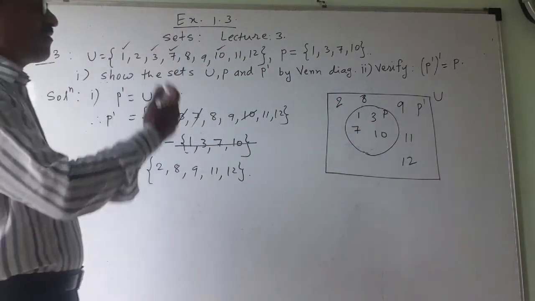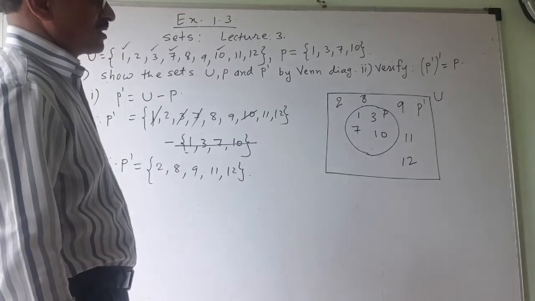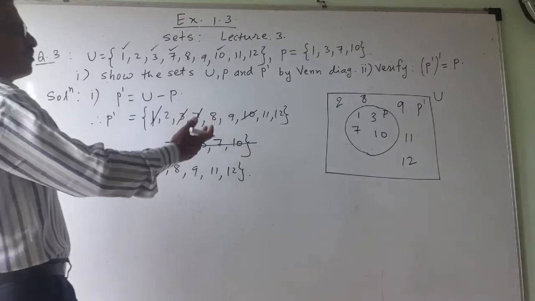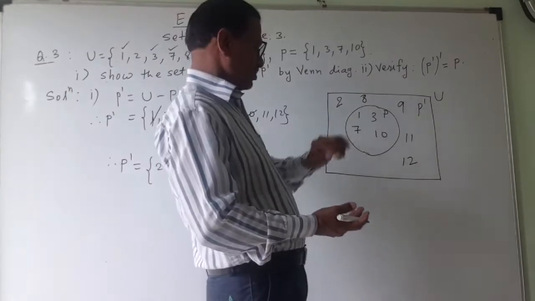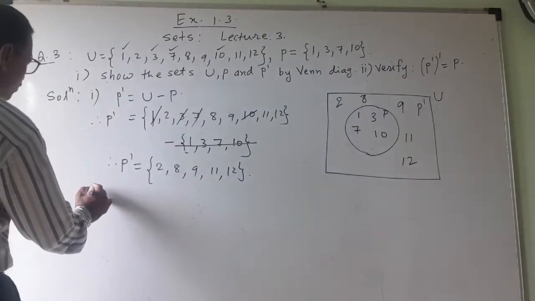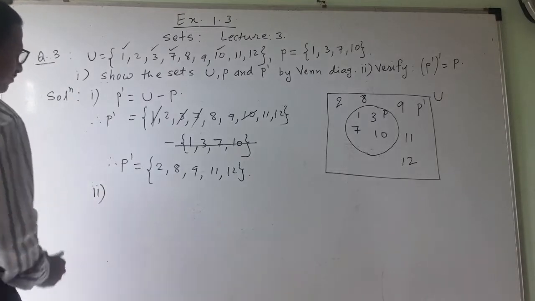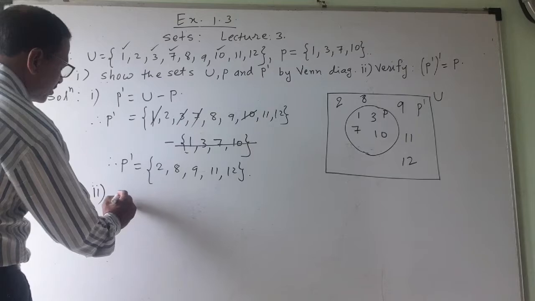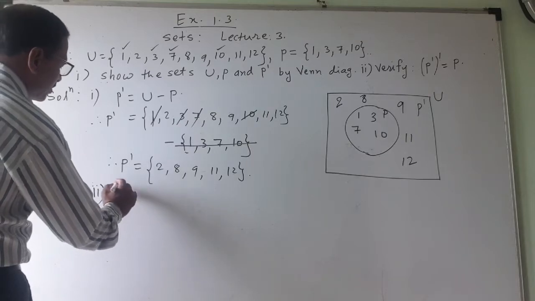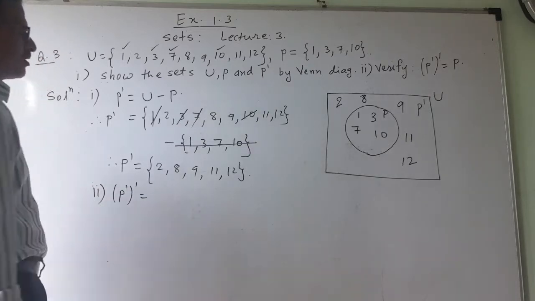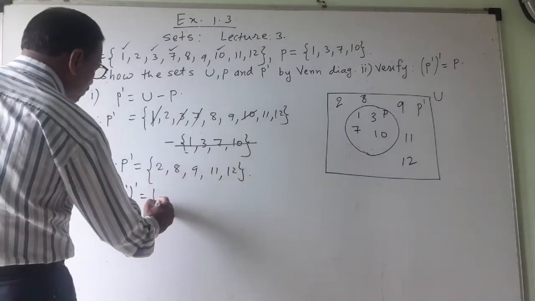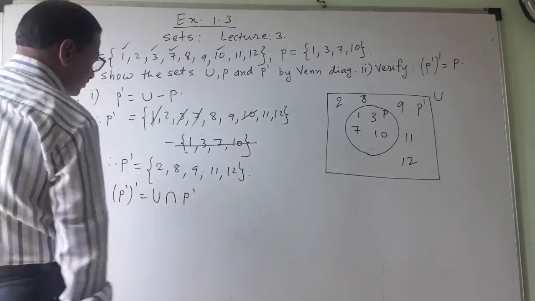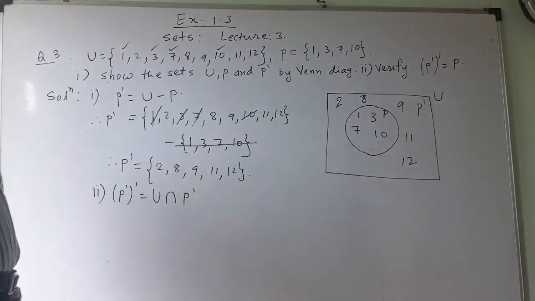Now I have to verify the complement of P complement. Meaning how to find the complement of P complement. There are two ways of finding it. The complement of P complement is equal to U intersection P complement. This is also a way.